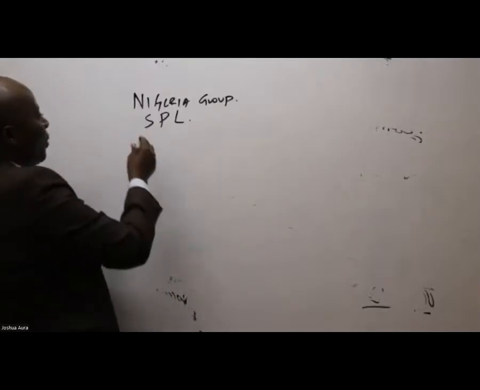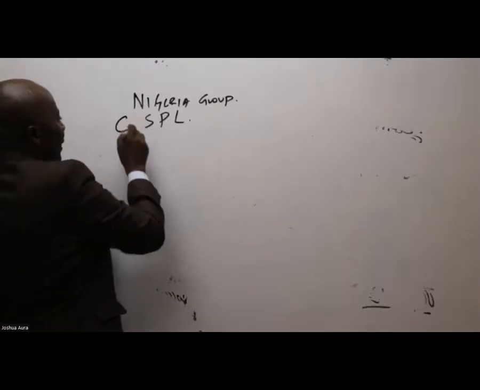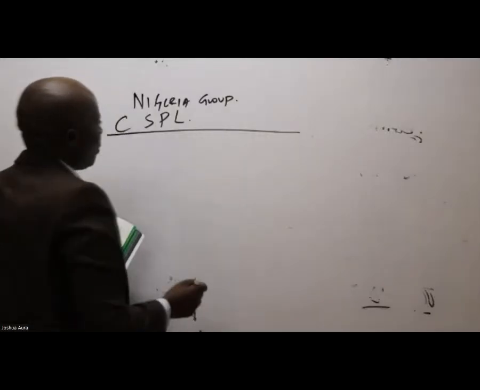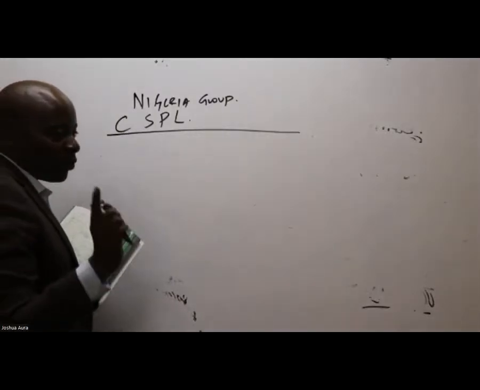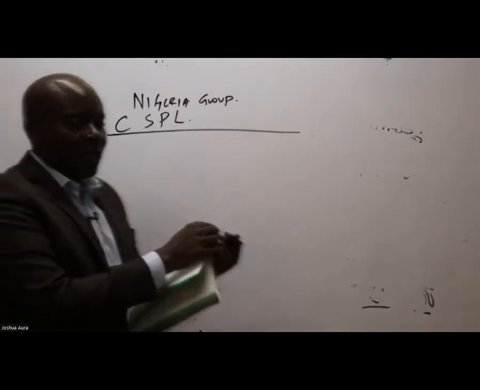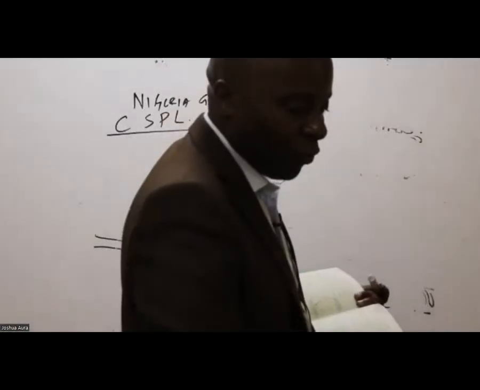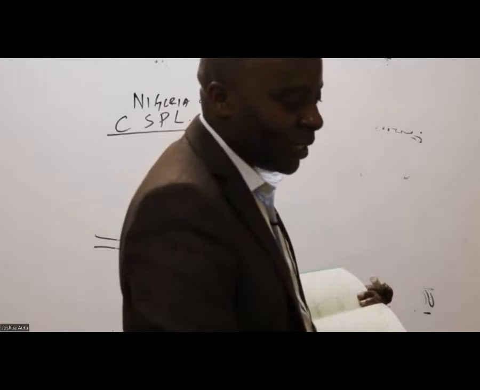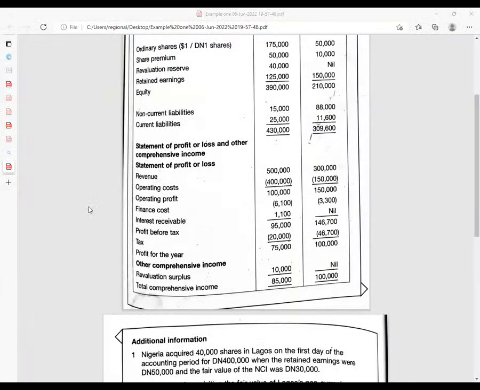So we start by consolidating. Remember, this is the consolidated statement of profit or loss at the end of the year, and we stayed with this for a whole year, so you're not going to do any time apportionment. You start with the pro forma as usual. Always start with the pro forma. That structure itself will end up giving you a lot of marks without knowing what you're doing.